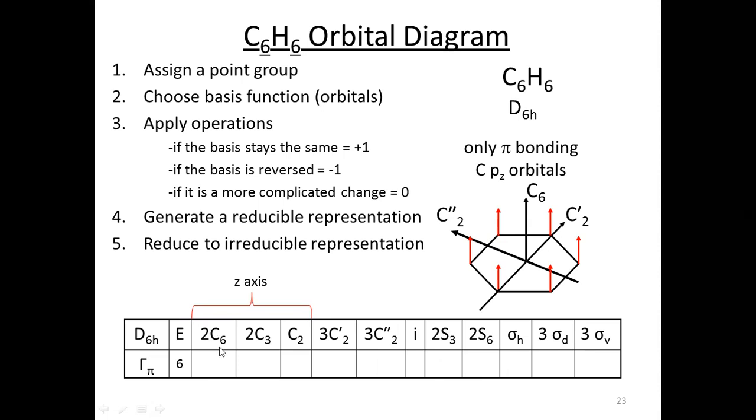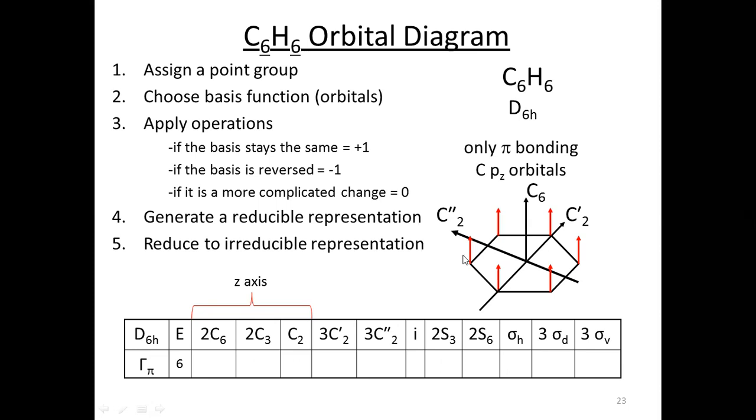Next, on applying the C6 symmetry operation. And where is the C6? C6 is passing through the center of the benzene ring. Whenever we rotate the molecule through a 60-degree angle, suppose this is your first pi orbital, this is your second, third, fourth, fifth, and sixth.